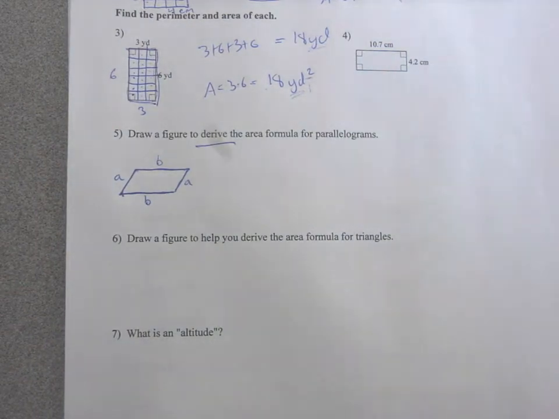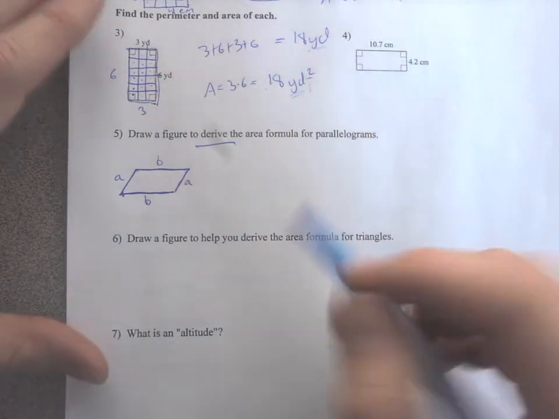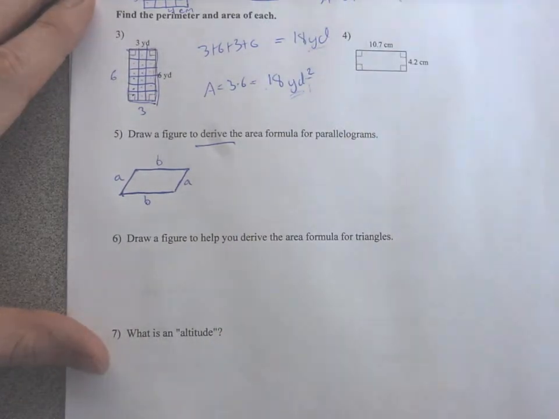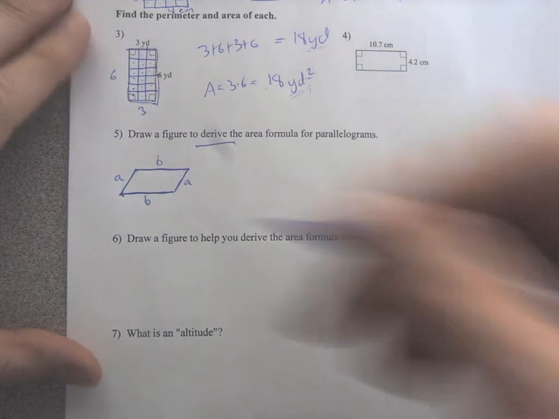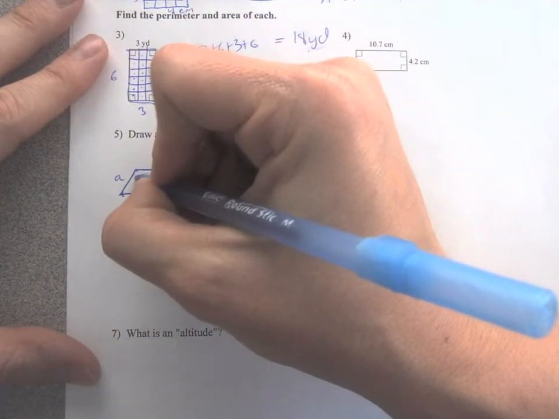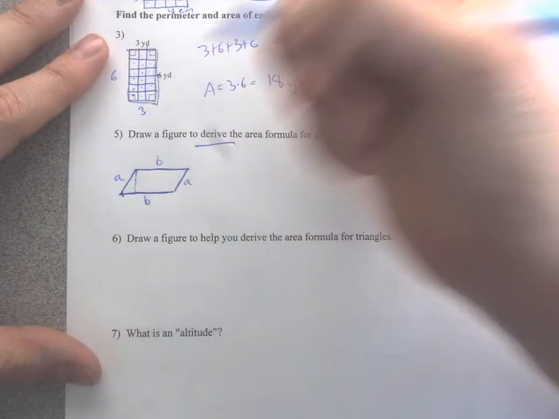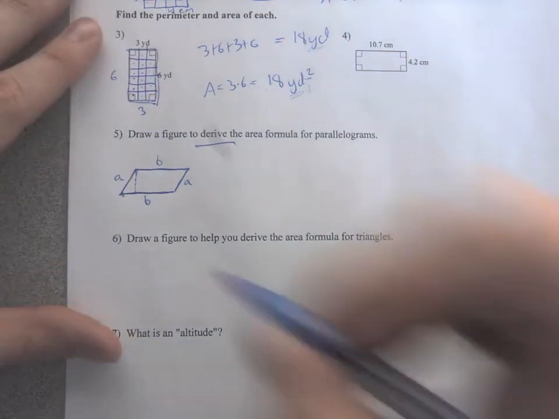Now what we want to show here is the area formula, and we're going to base this on something we already know. So we're going to take this shape and try to force it to be a rectangle. I'm going to draw a little dotted line here, and that dotted line is going to form a right angle.